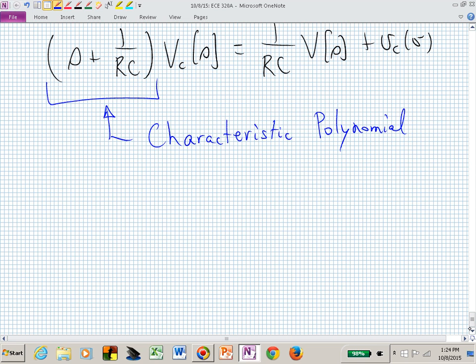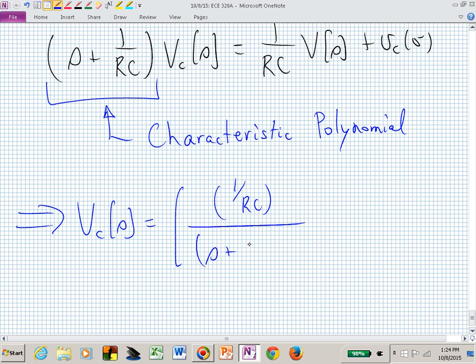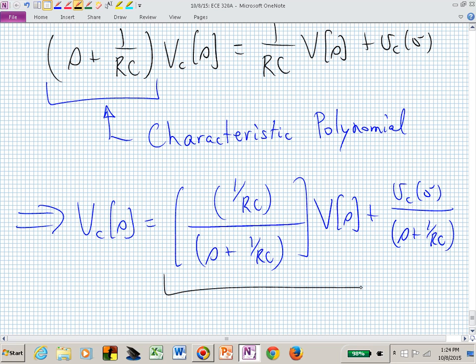Let's now solve this for capital V sub c of s by dividing everything through by that characteristic polynomial, and now we have 1 over RC over s plus 1 over RC, times capital V of s, plus V sub c of 0 minus over s plus 1 over RC, where the first piece is due to our forcing function, or the input.